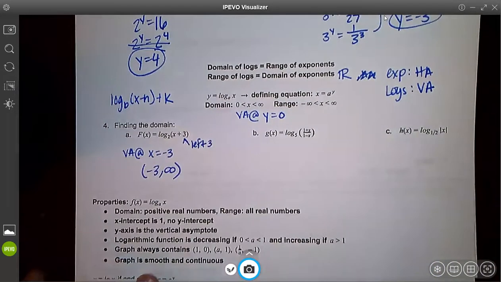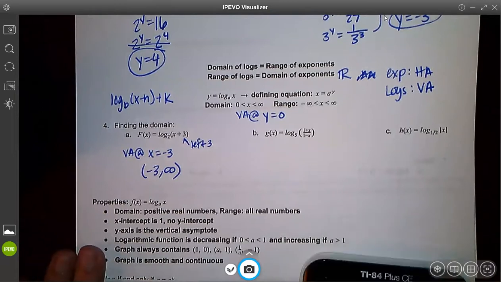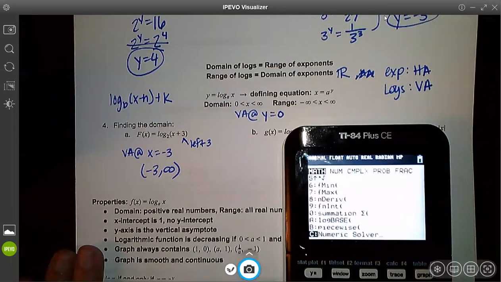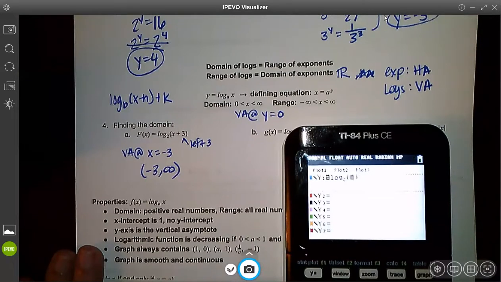You can type this in your calculator to verify. I'm going to use the other calculator because my one doesn't have log base. And when we're solving equations, you'll need that. So here we go. To get to log base, you're going to go to math, and then down to the bottom, you see log base 2 of x plus 3.